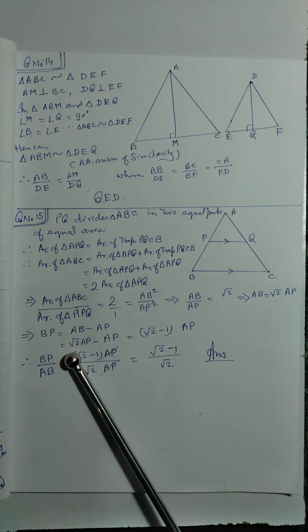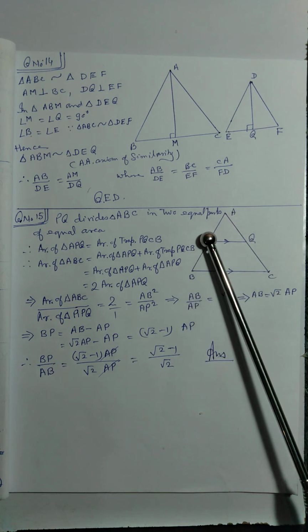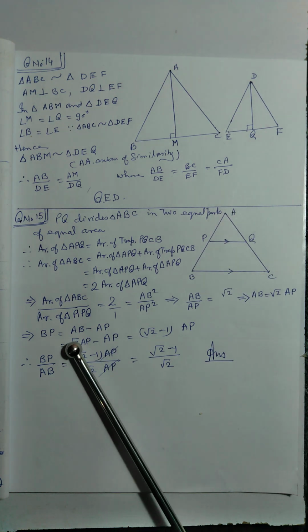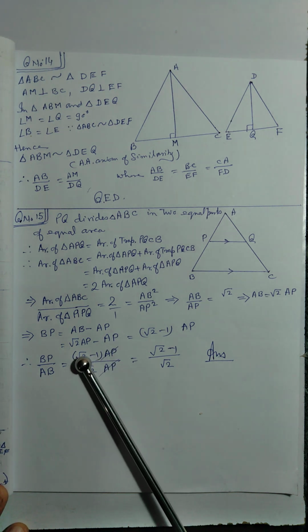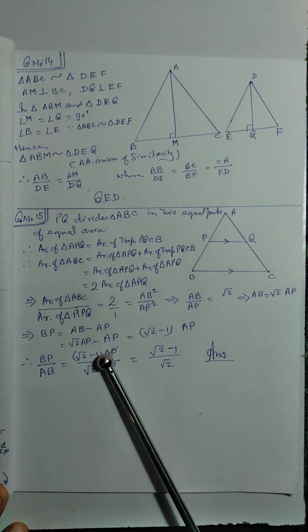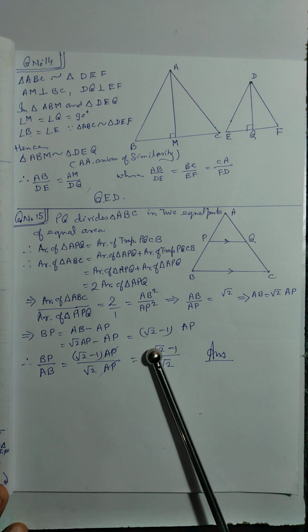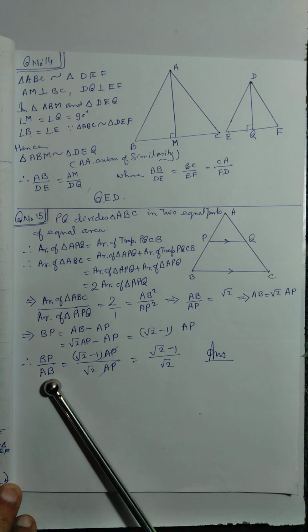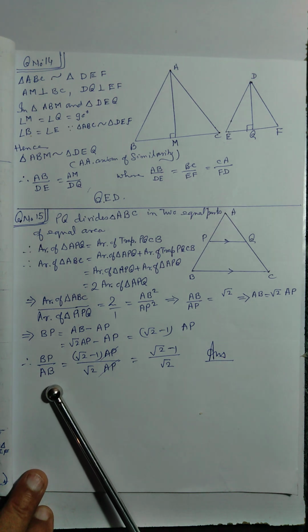So BP will be equal to AB minus AP. That is equal to root 2 AP minus AP. I have taken AP common, and inside the bracket root 2 minus 1. We have to find out BP upon AB.